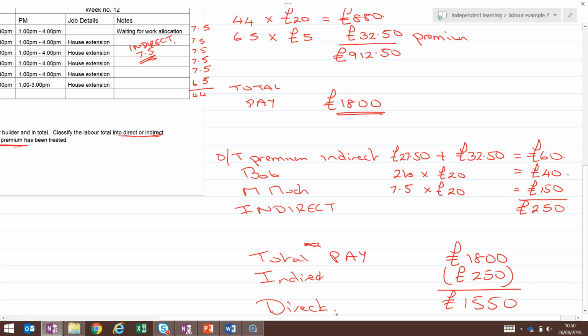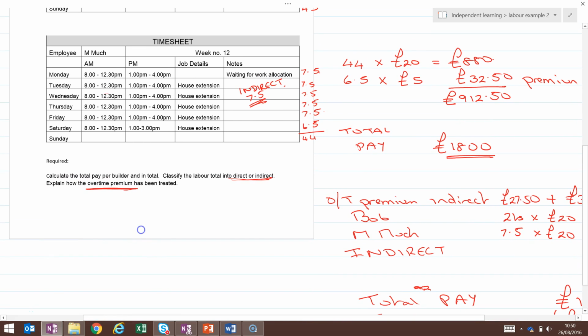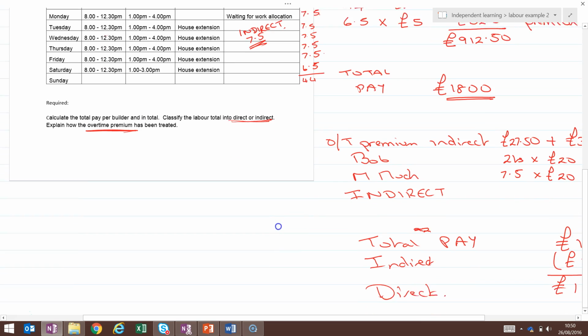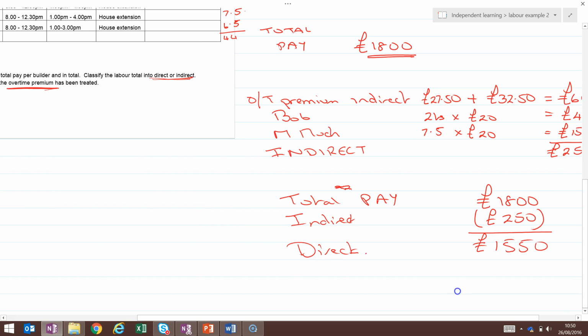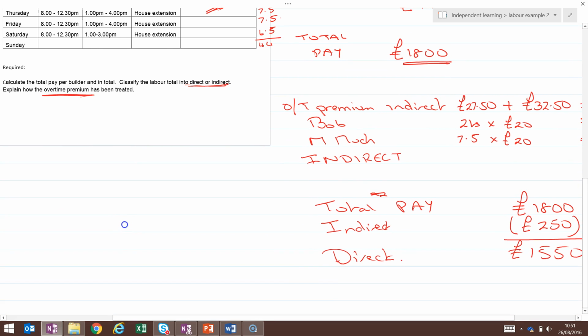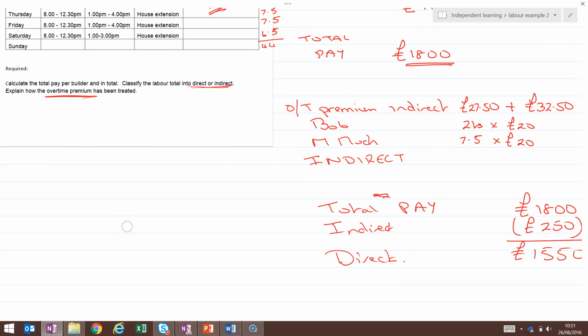So we've answered the question completely. We calculated the total pay per builder and in total. We've then classified that total, so that £1,800, into how much of it was direct, £1,550, and how much of it was indirect, £250. And we've explained how the overtime premium has been treated.